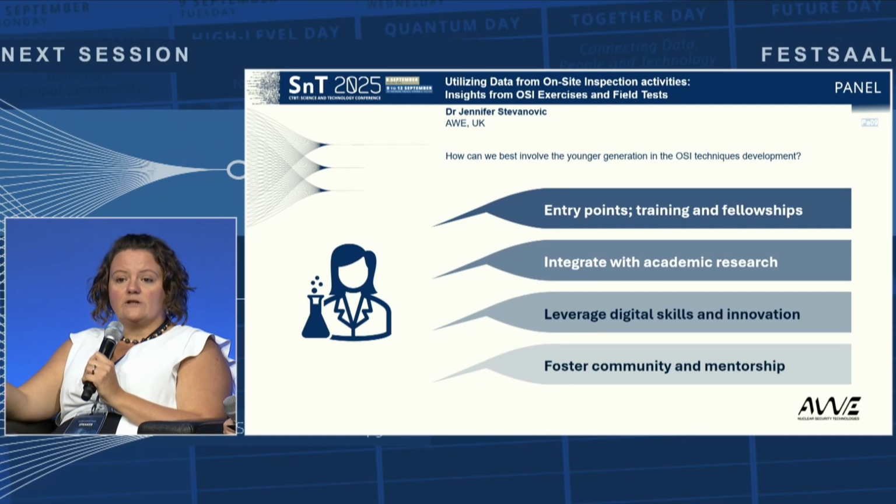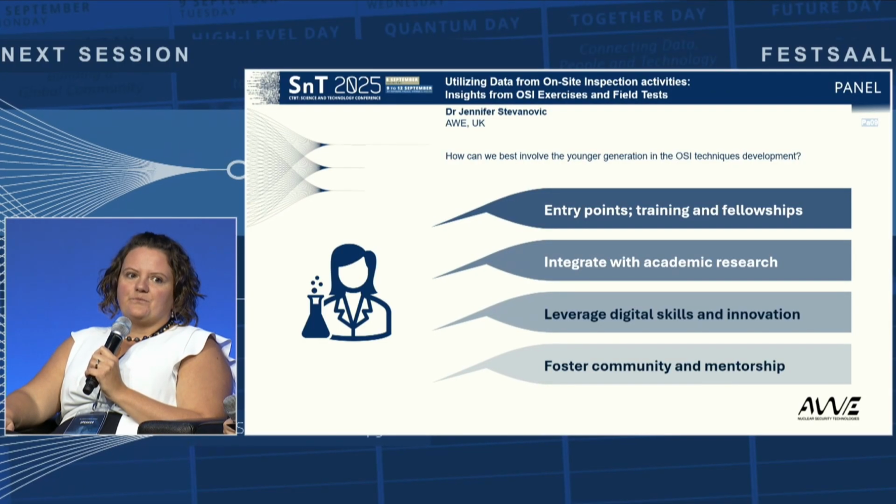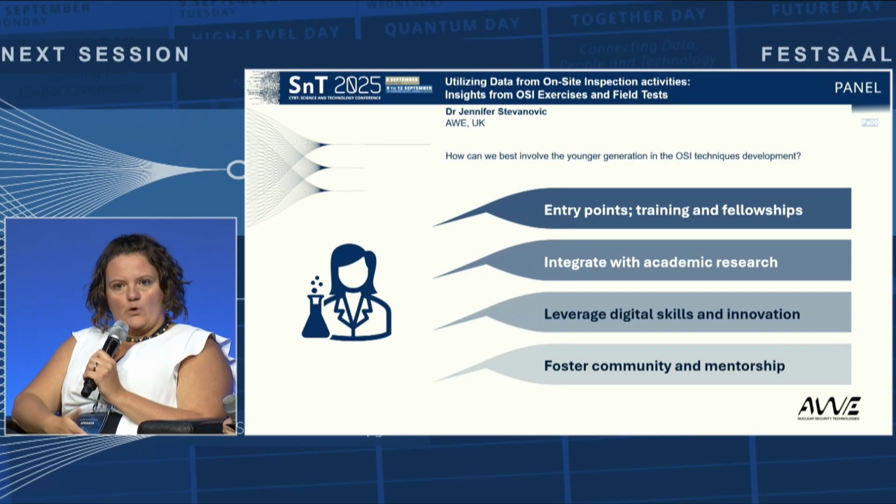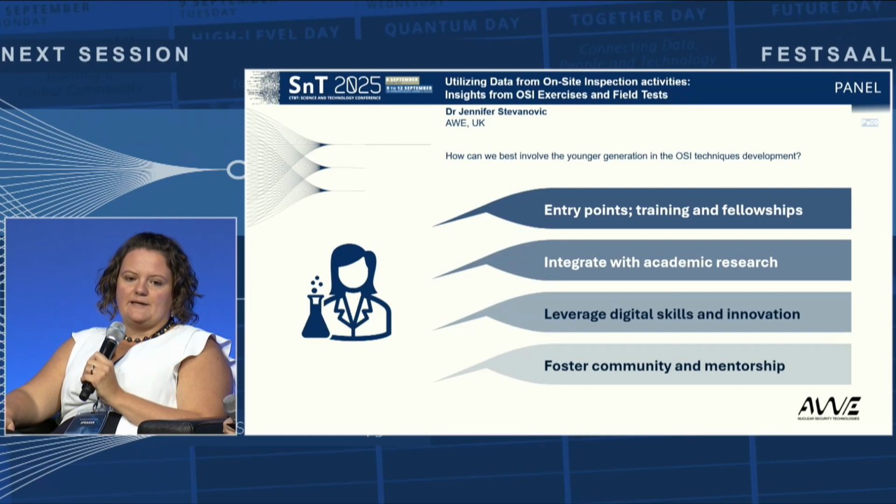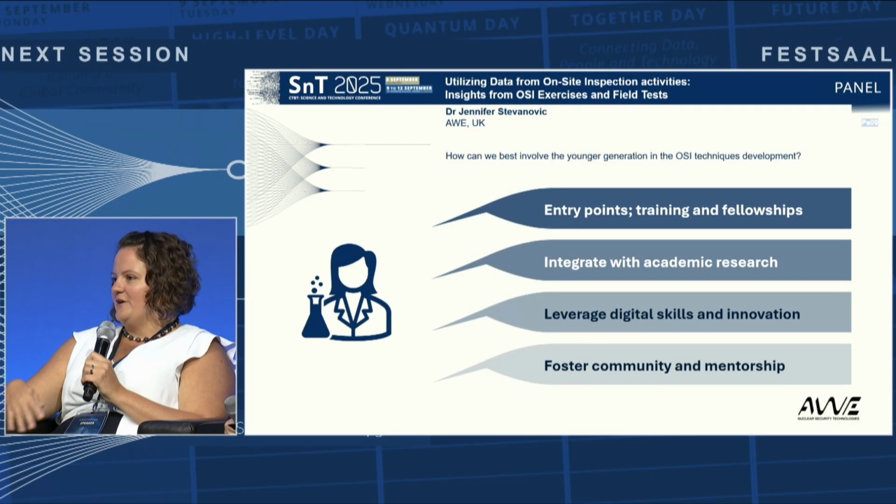I could also have written integrating more broadly with academic research and other industry partners. We do that already, but we could always do more, with a broader range of universities globally.